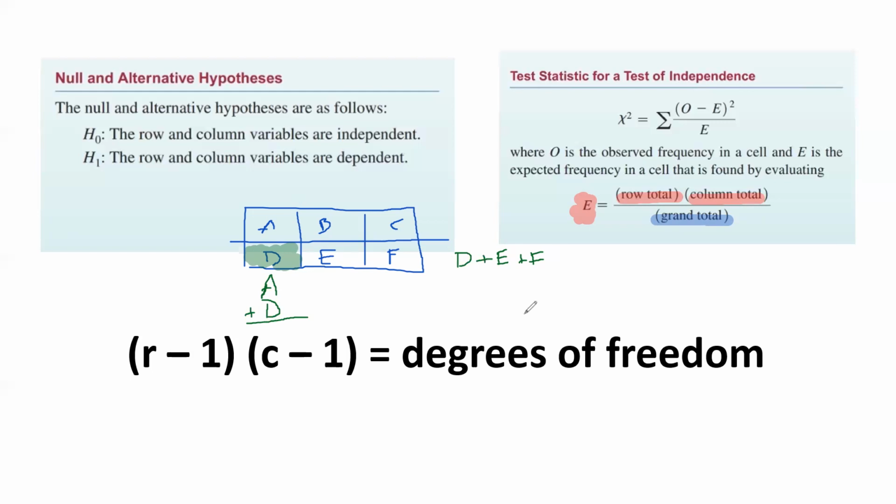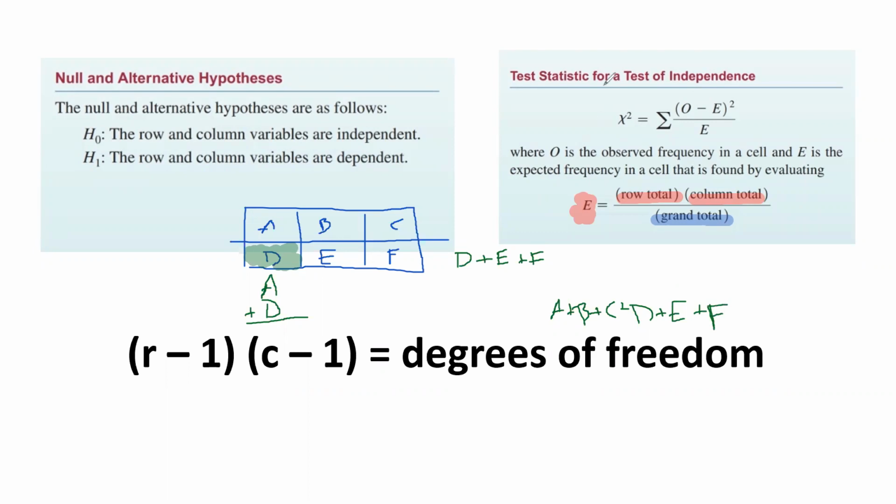The grand total is really just going to be A plus B plus C plus D. Oh, my handwriting is real bad. Plus E, and then plus F.